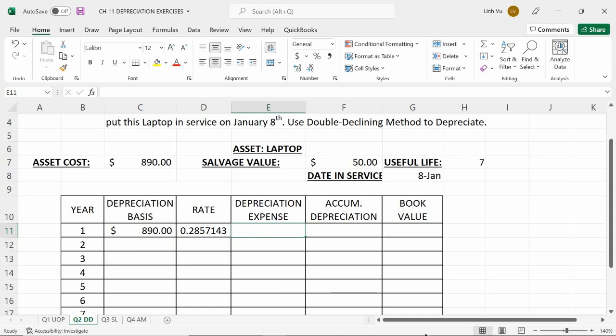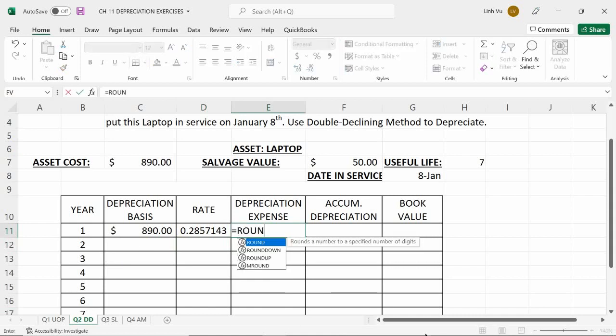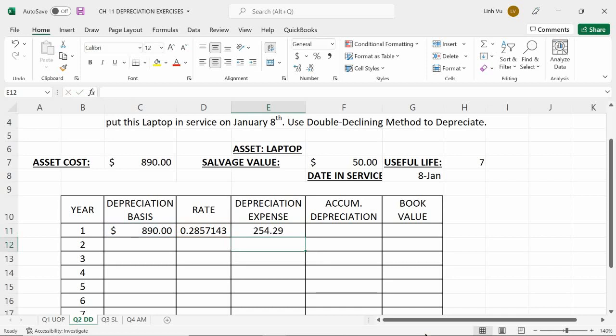So then what is going to be my expense? 254.29. Right? It's basis times rate. Good. So what's my accumulated depreciation for the first year? 254.29. Yes, because there is no previous, so you just add the current.